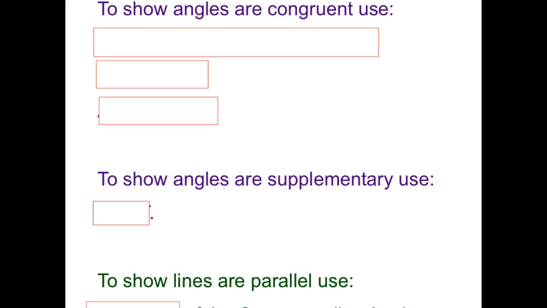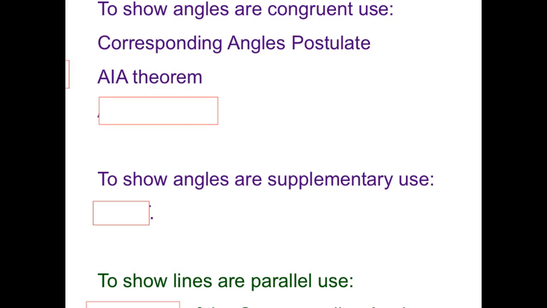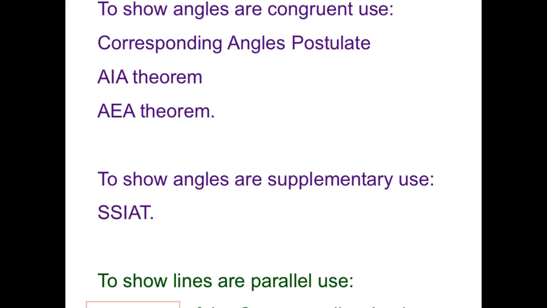So lesson 3.2 was all about showing angles congruent and supplementary. To show congruent, we use the corresponding angles postulate, the alternate interior angle theorem, and the alternate exterior angle theorem. To show angles are supplementary, we use the same side interior angle theorem. Well, we just talked about all 4 of these, but we talked about their converses.